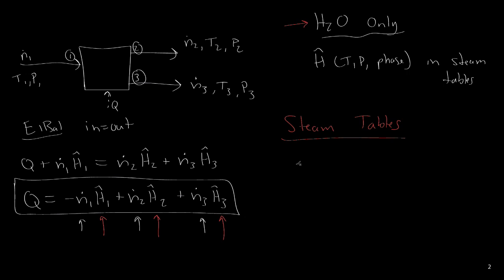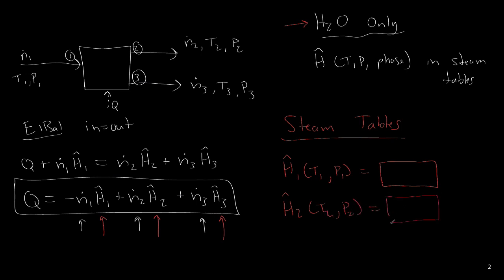So since we have access to the steam tables, we can look up H hat of 1, which is going to be at T1, P1, is equal to some value that we can just find in the steam tables. H hat 2 at T2, P2 is going to be equal to some value, and H hat 3 at T3, P3 is equal to some value.